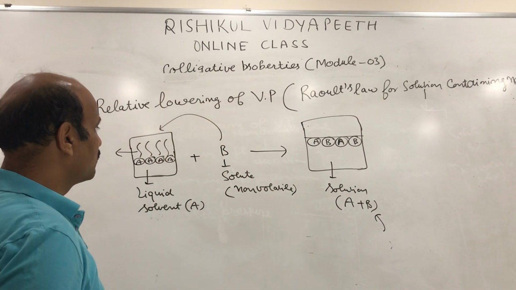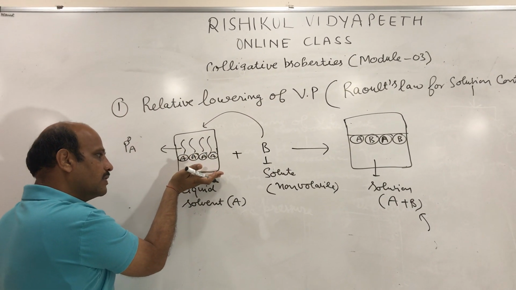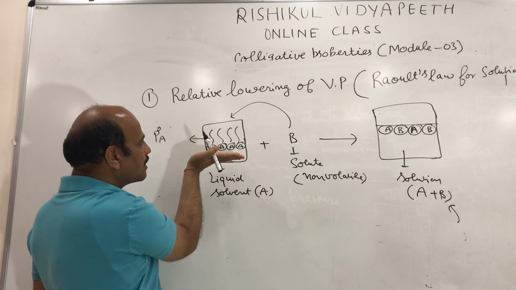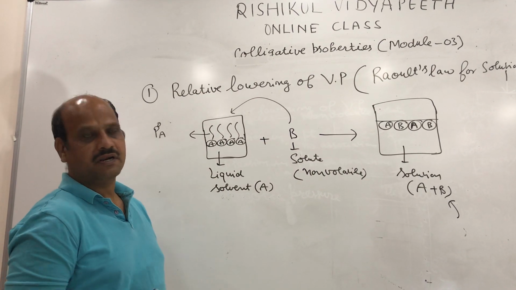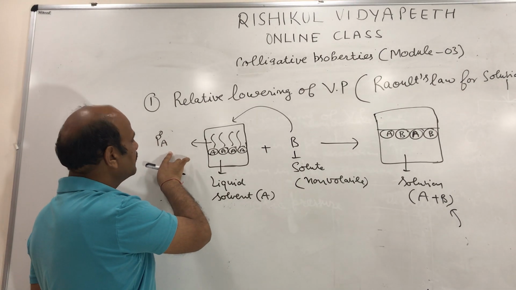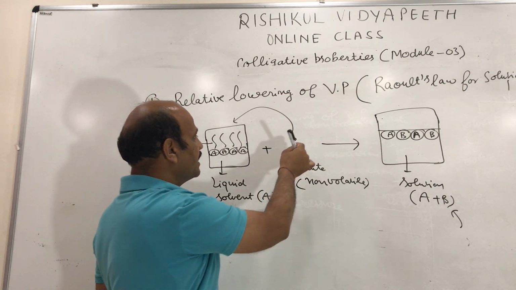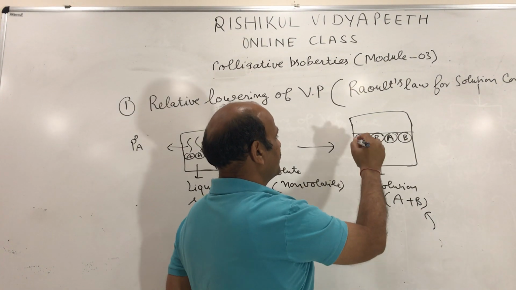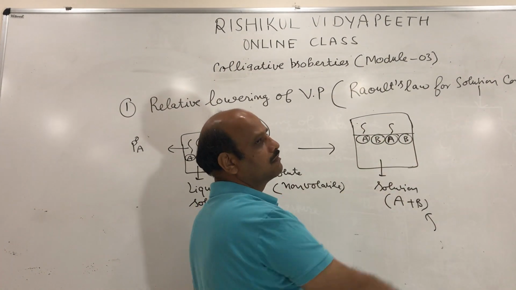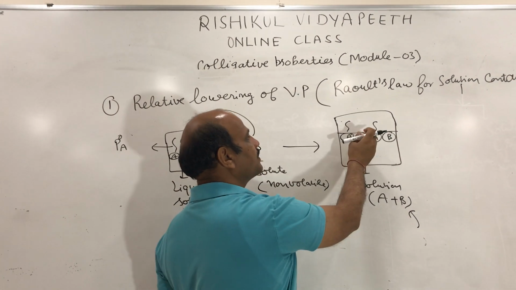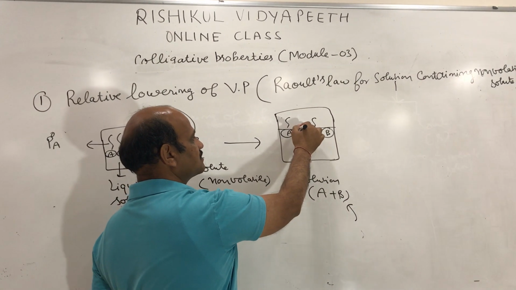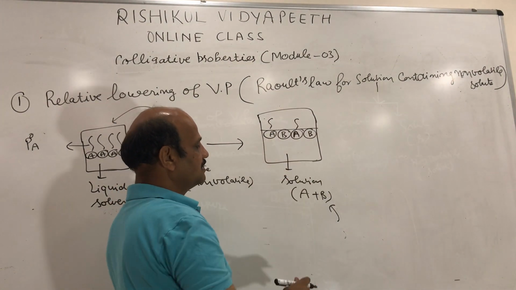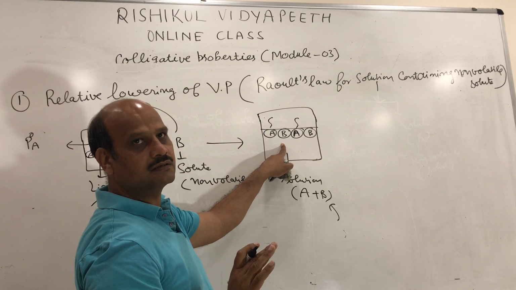When the liquid is pure, all the molecules from the surface come up, form vapors and show vapor pressure, denoted by P naught. Now if we add a non-volatile solute, only A particles, the solvent particles, vaporize. The solute particles do not vaporize because they are non-volatile.